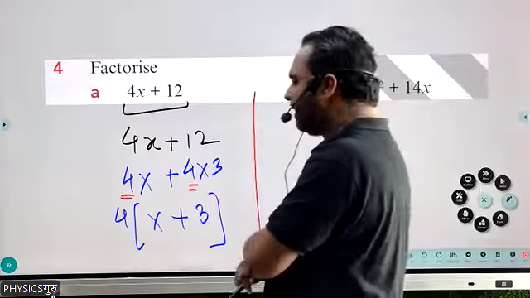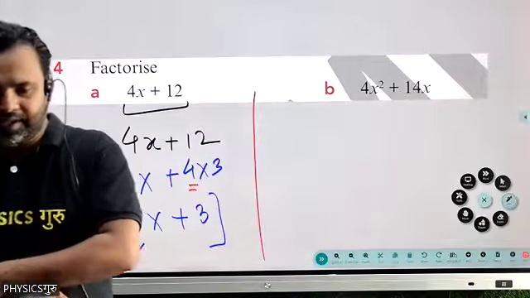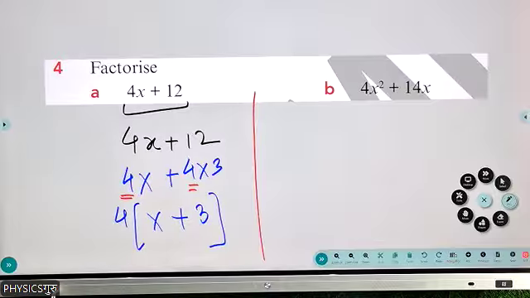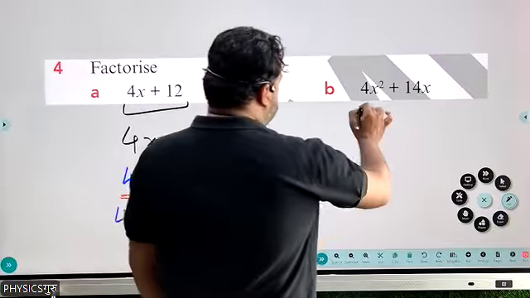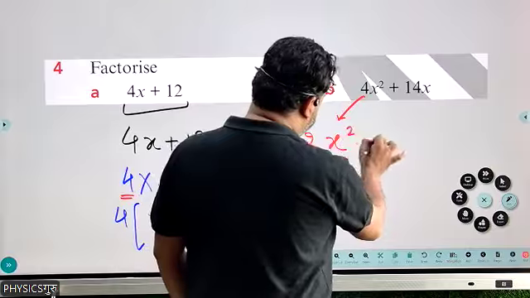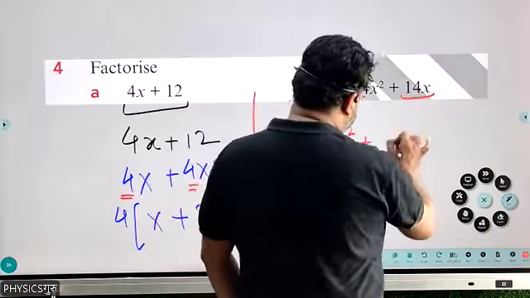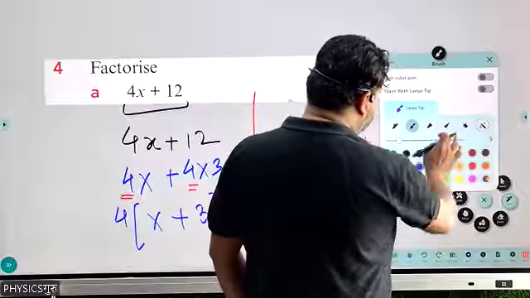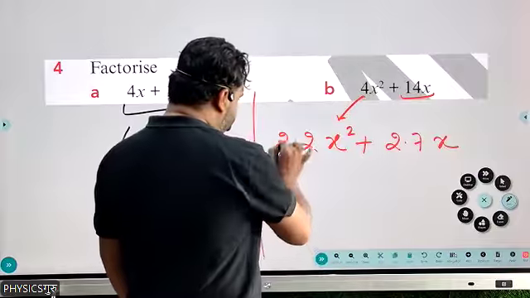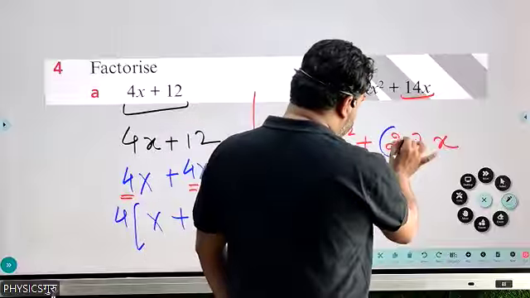So it is 4x squared plus 14x. So what we can do? You can write 4 as 2 times 2 into x squared plus 14 as 2 times 7 times x. 7 times 2 is 14, right? So you can easily take 2 as common.